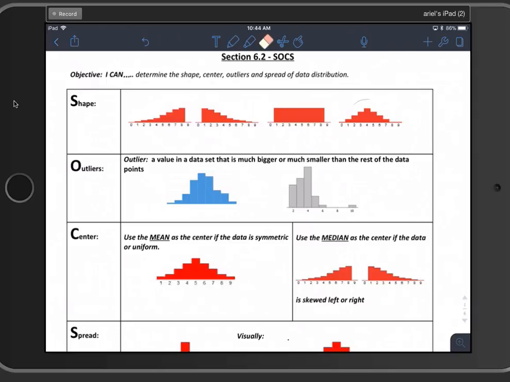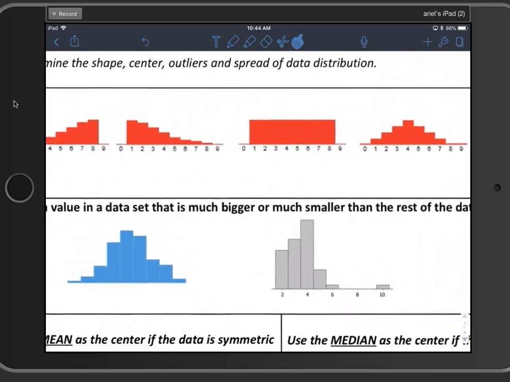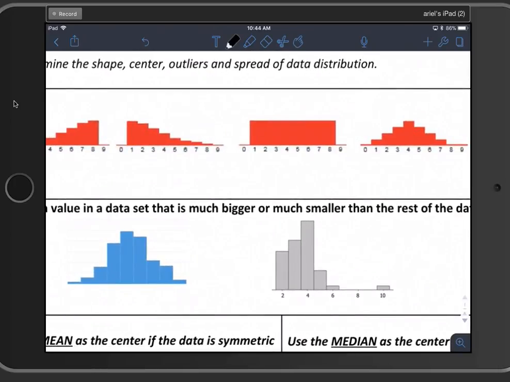So, for example, if I were to give you just this, and I were to give you the words up here: left, right, symmetrical, and uniform, could you decide which ones are which?